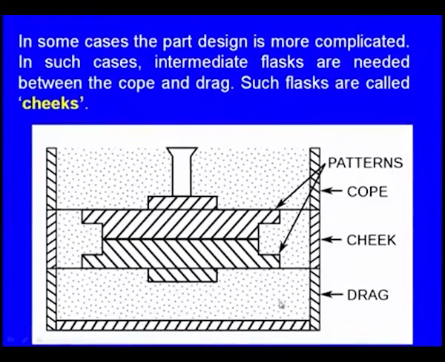Here you can see the section of the mould: the lower moulding box is the drag, the upper moulding box is the cope, and this is the intermediate moulding flask, the cheek, and this of course is the pattern. It will be removed afterwards, means we will separate these boxes and withdraw the pattern, then we pour the molten metal. This is the purpose of the cheek.